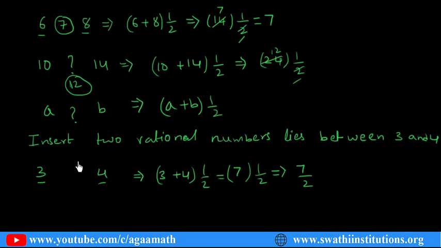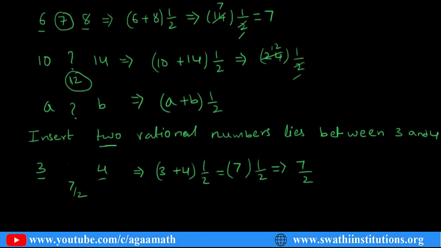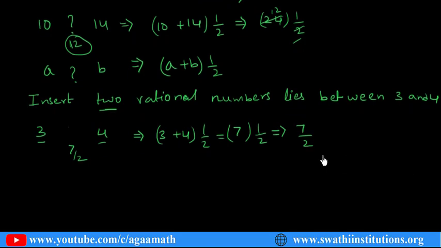So in between 3 and 4 is 7 by 2. Now we would like to insert, how many do we want? 2. We want 2, but here we found only 1, right? No problem. Now I take 3 and 7 by 2, considering these two numbers.